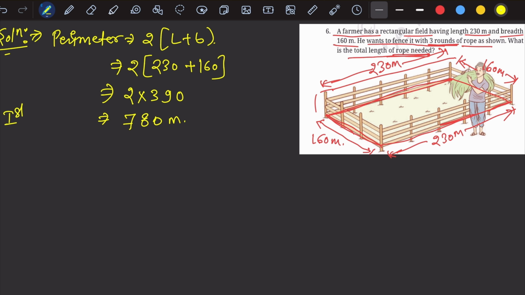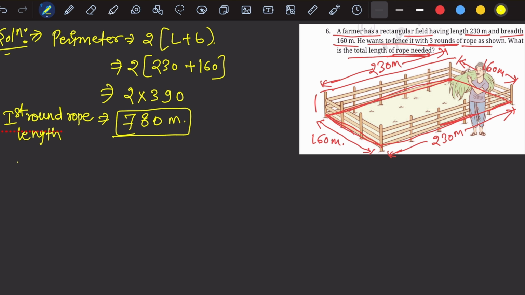This is the first round of rope length. This is the total perimeter of the rectangular field. Now we have to do this 3 times.